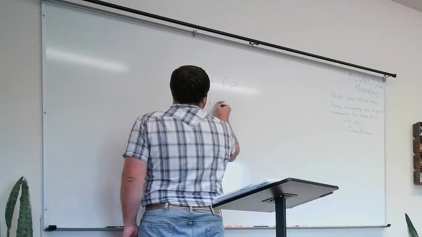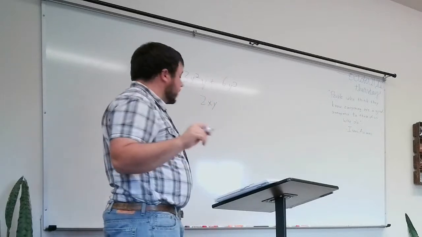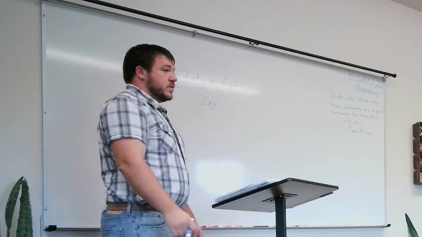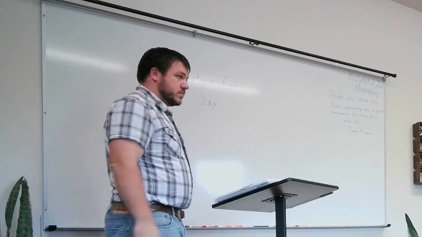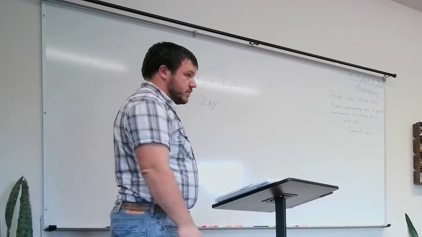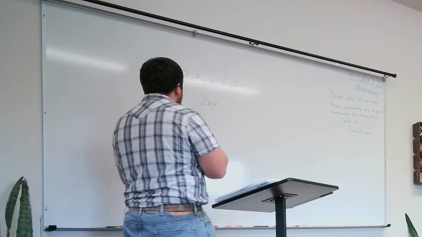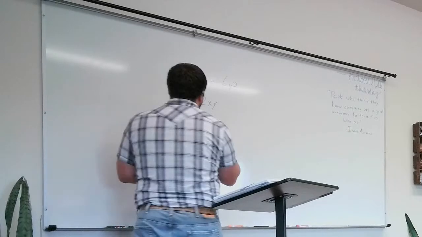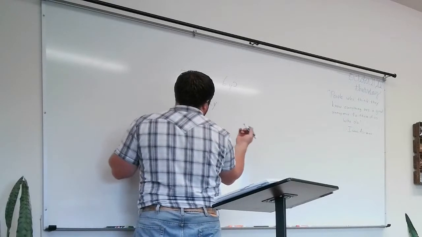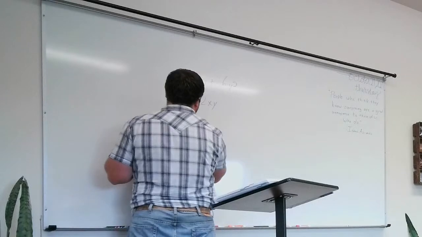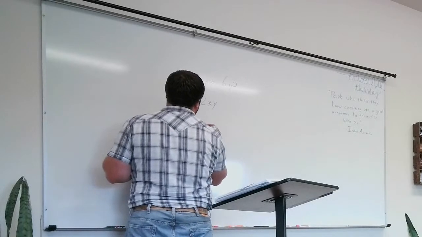All right. Oh man. So what you do, you can separate these or you can just put the 2xy underneath. This is one of the things where it doesn't really matter.